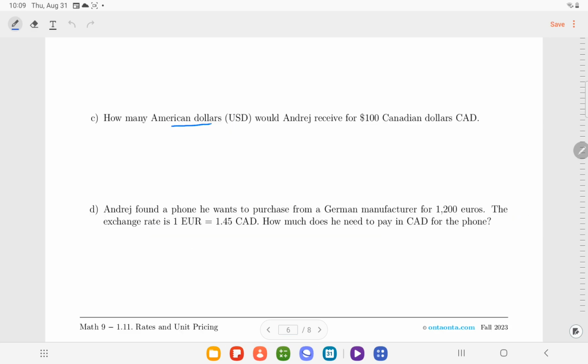How many American dollars would Andre receive for 100 Canadian dollars? We start with 100 Canadian dollars. Once again, we can either use 50 Canadian equals 39 US dollars, or 1 US dollar is equal to 1.28 Canadian dollars. I'm going to use 1 US is 1.28 Canadian.